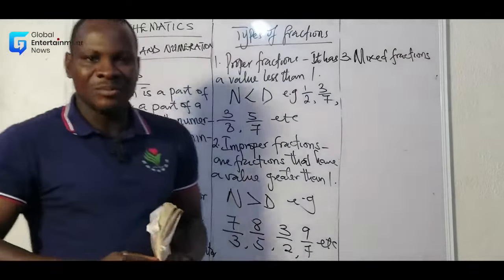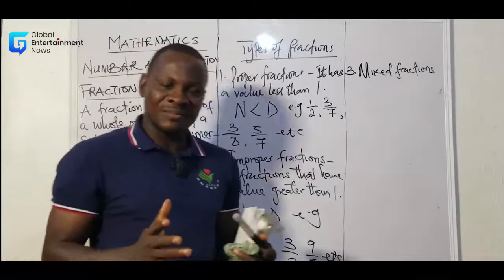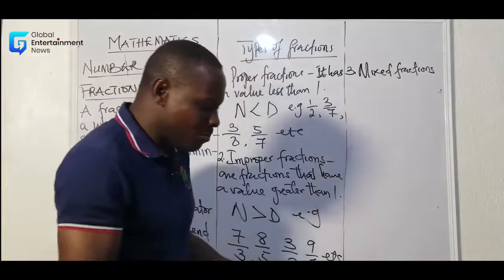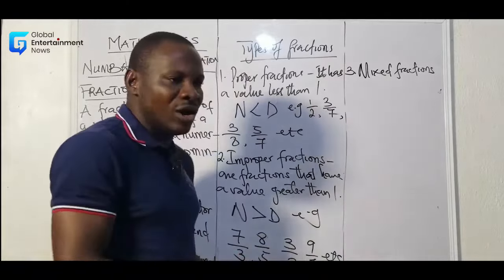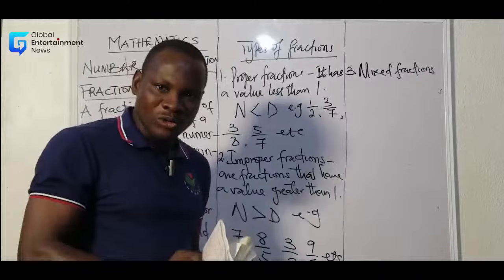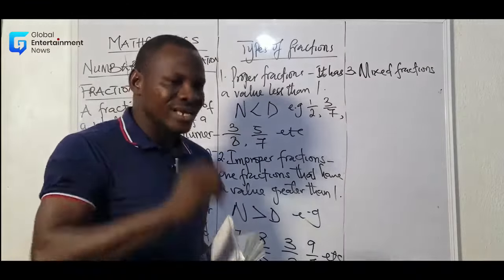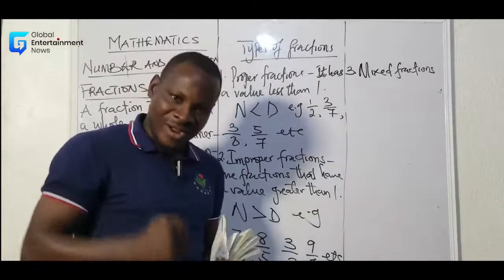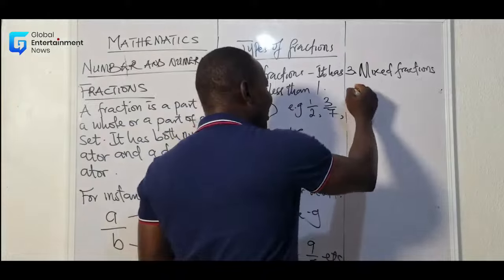When we are talking about a mixed fraction, it simply means that we have a whole number and a fraction written together. A whole number, take note of the point, a whole number and a fraction written together.